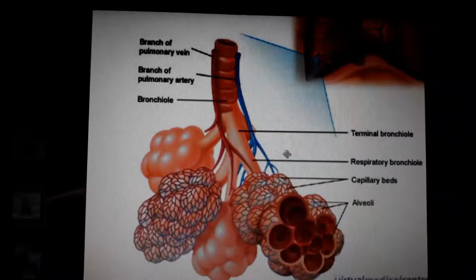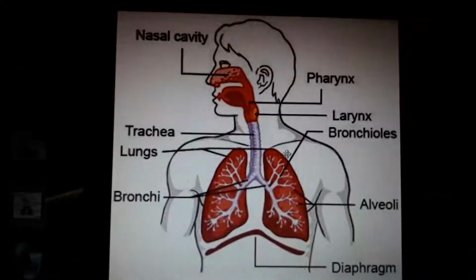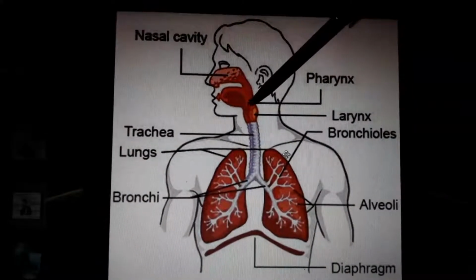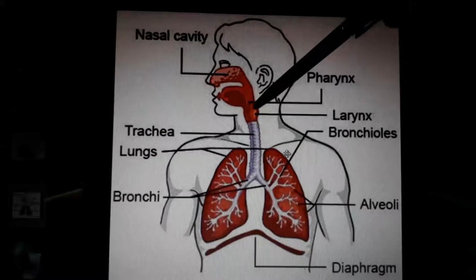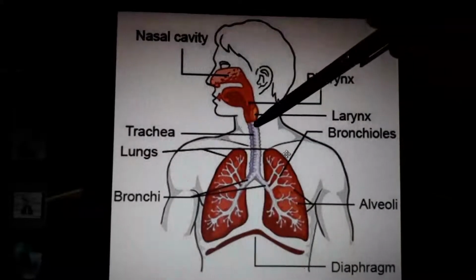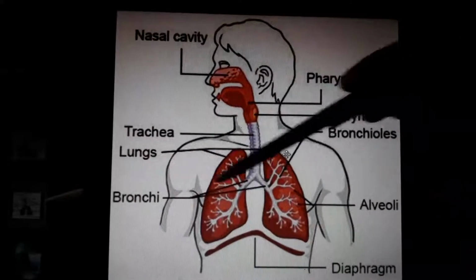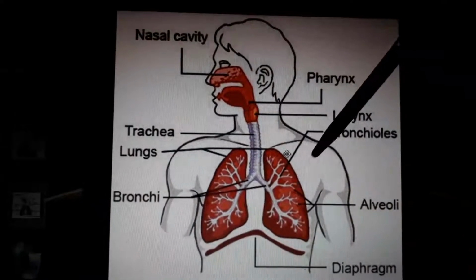Understood? So I think this diagram is already very well understood by you. So this is our respiratory system. You have a nasal cavity, air enters the nasal cavity and reaches the pharynx, a two-way door. It will send the air into the larynx and trachea. The trachea will take the air into two divisions called the bronchi, the right one and the left one.